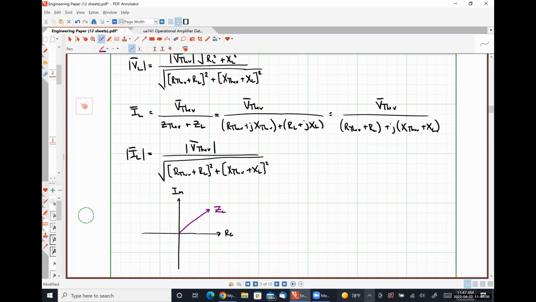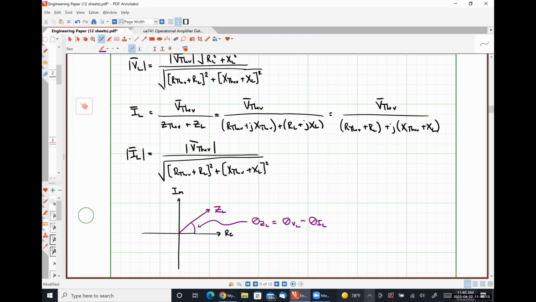This angle right here, theta ZL, is simply theta VL minus theta IL from the literal definition of impedance. So we want the cosine of that angle.